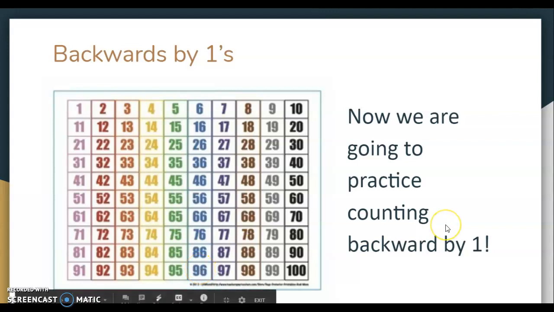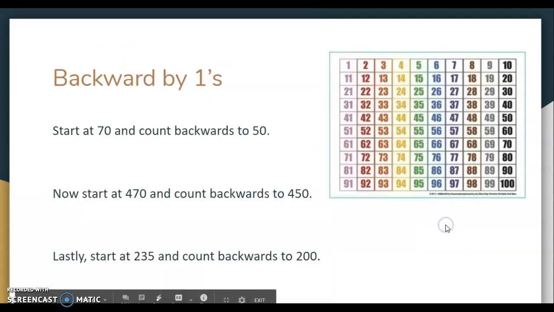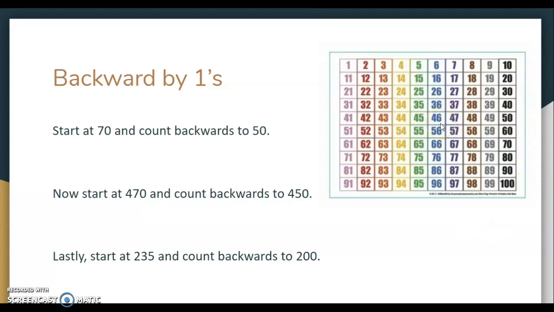So let's practice counting backwards by 1 together, and then I will have you do it on your own. Here is this chart here to help you if you need it. So boys and girls, let's start at 70 and count backwards to 50. All right, here we go.